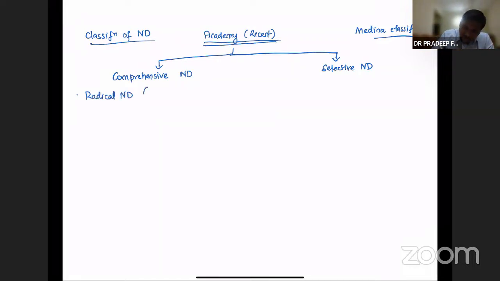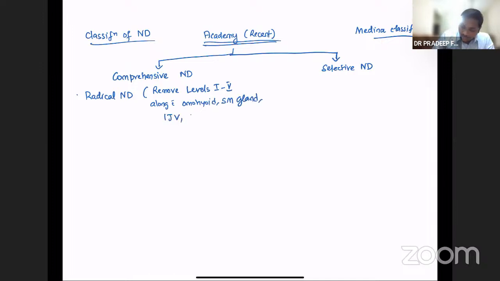That means you remove levels 1 to 5 along with omohyoid, submandibular gland, IJV, spinal accessory nerve, and sternocleidomastoid. This is radical neck dissection.